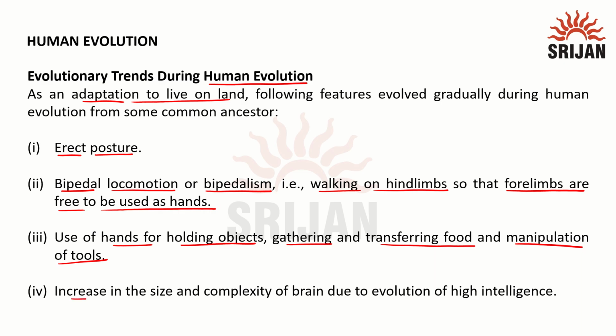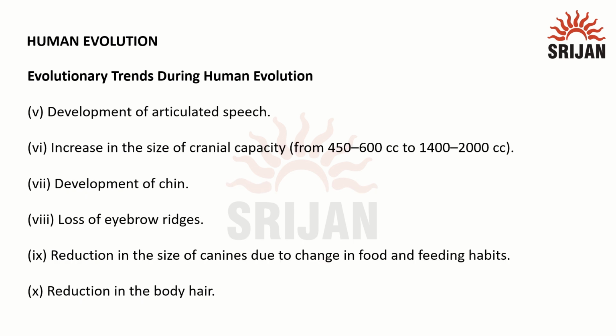Fourth is increase in the size and complexity of the brain due to evolution of high intelligence. Next, we have development of articulated speech, which helped us to communicate better within the population. Next, increase in the size of cranial capacity, that was from 450 to 600 cubic centimeter.